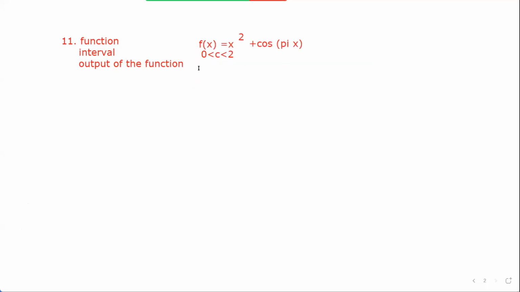Now, what output was I supposed to get? F of C is supposed to equal 4, right?